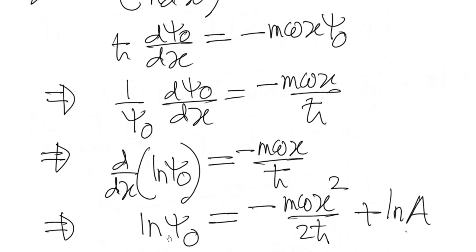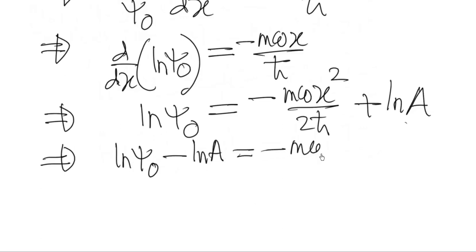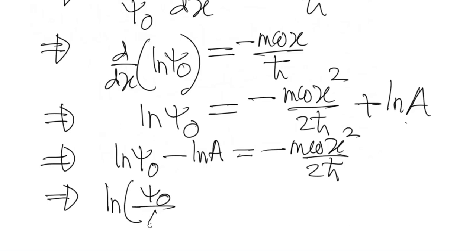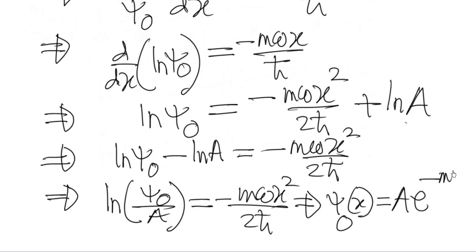So we bring this one on the left hand side, and we'll have ln psi naught minus ln a equal to minus m omega x square by 2 h cut. And this gives us psi naught of x equal to a e to the power minus m omega x square by twice h cut.